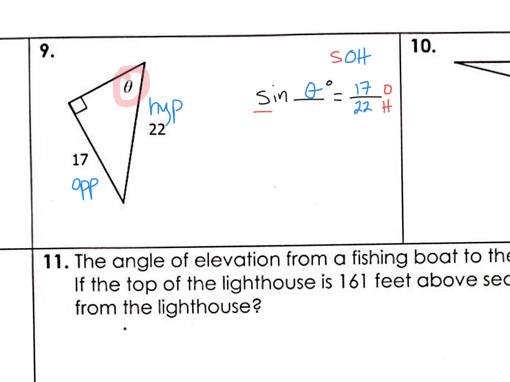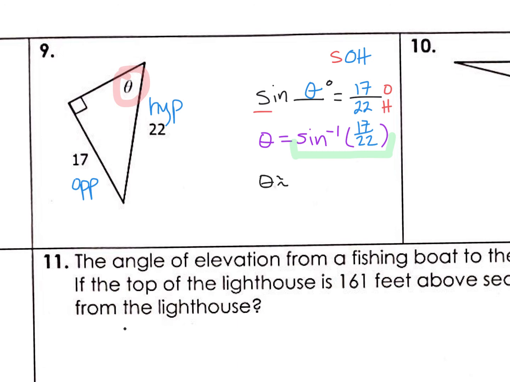Since I don't know theta, I am going to use the inverse sine, and then I'm going to put my ratio of 17 over 22 in there. This is what you should have put into your calculator. And finally, the moment you've been waiting for.